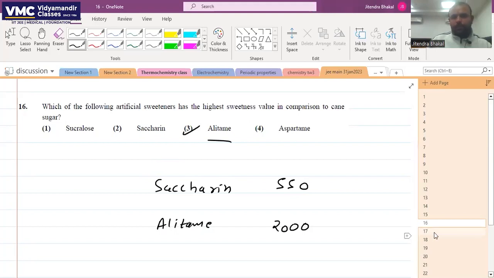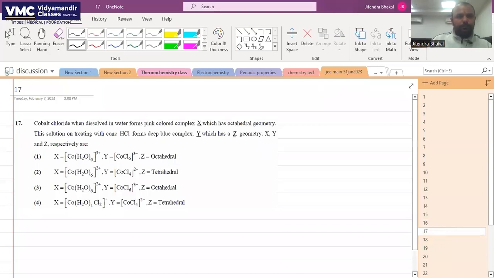And question number 17. Cobalt chloride, when dissolved in water, forms a pink colored complex X which has octahedral geometry. Octahedral geometry means 6 water molecules will be in the coordination sphere. This solution on treatment with concentrated HCl forms a deep blue colored complex.